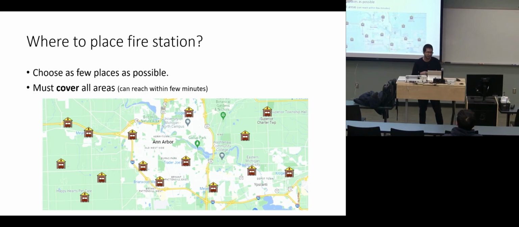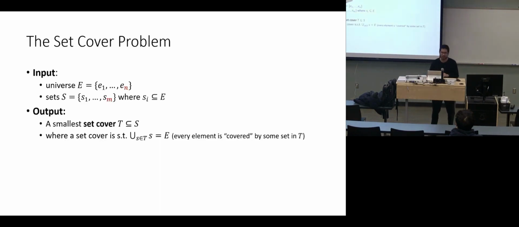Okay? So this is a natural question, and you can imagine that this is a covering problem. You want to put as few things as possible that cover everything. And it can happen in many other scenarios.